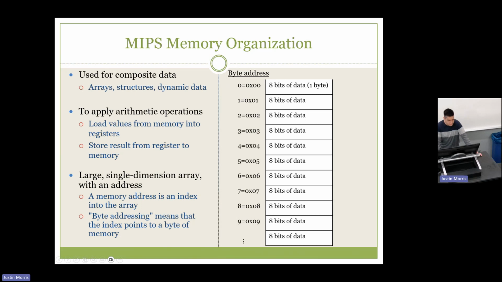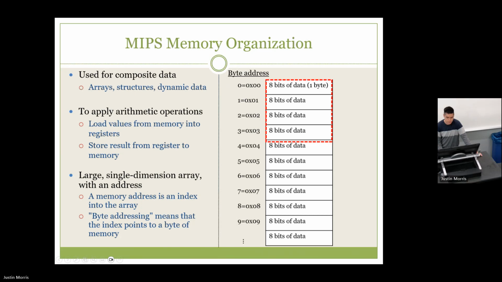And the memory organization is basically this very, very large single dimension array with these addresses. And the addresses we're working with are typically going to be byte addresses. So that means that the first address points to the first byte of data or first 8 bits of data. Second is the second 8 bits, second bytes.